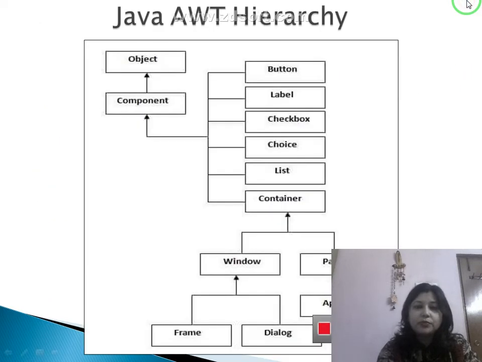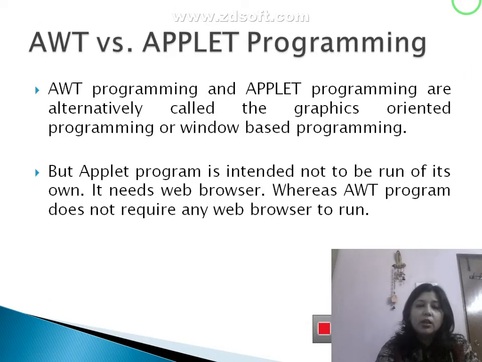Now, what is the difference between AWT and applet programming? Java AWT programming and applet programming are alternatively called graphics oriented programming or window based programming. But the difference is that an applet program is not intended to be run on its own.